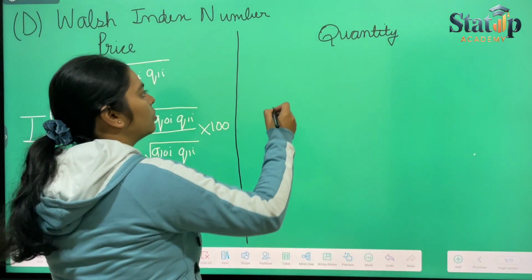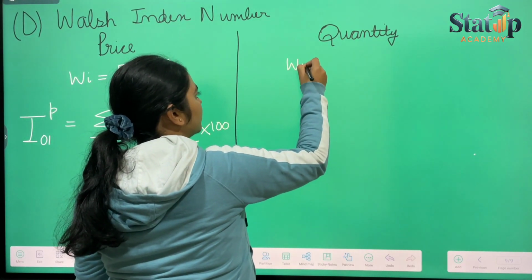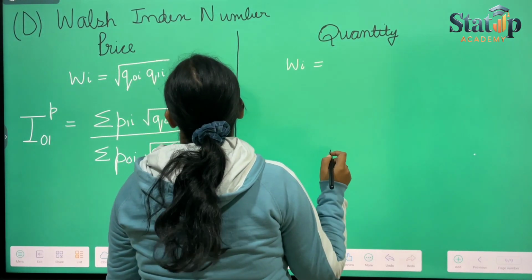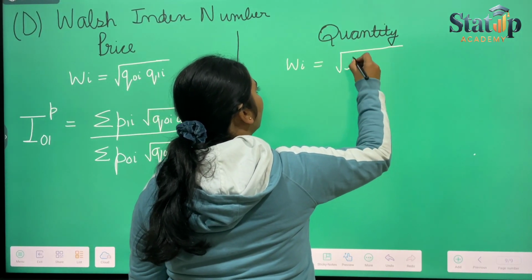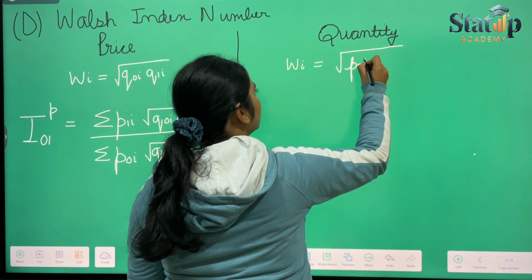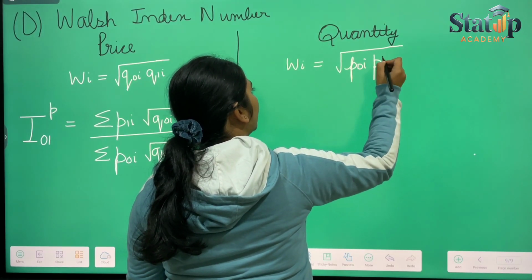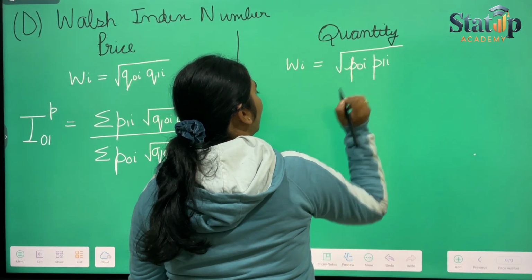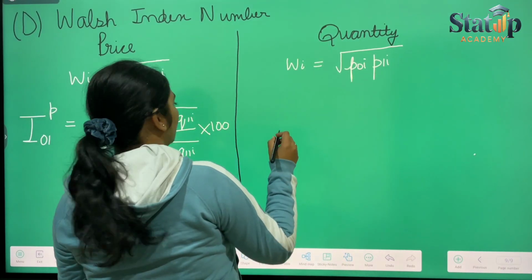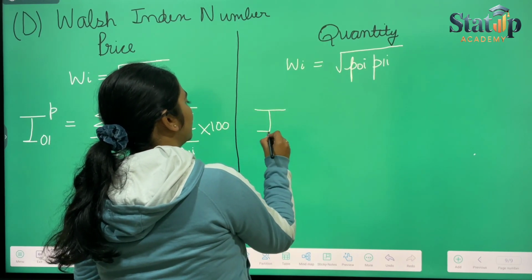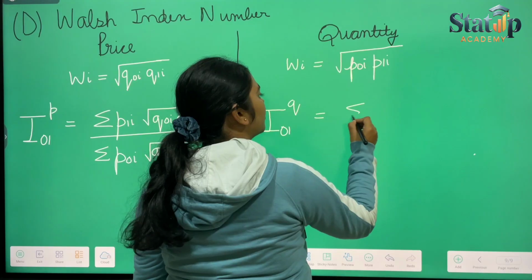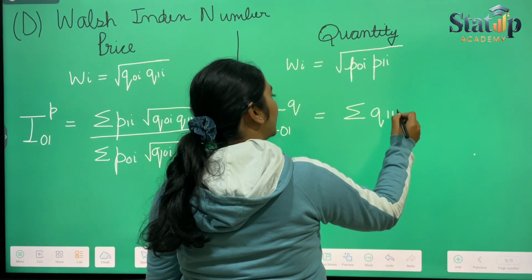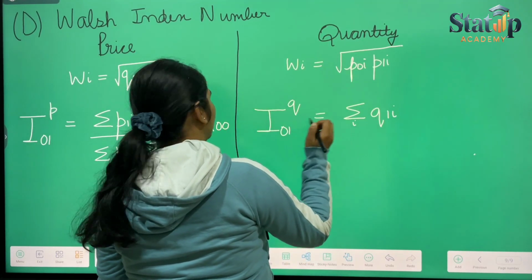Now similarly, the Walsh quantity index number has weight under root of P0i, which is the price of the base year, and P1i, which is the price of the current year. And we can write the index number I01 Q equals summation of Q1i under root P0i into P1i upon summation Q0i under root of P0i into P1i into 100. This summation is over i everywhere.